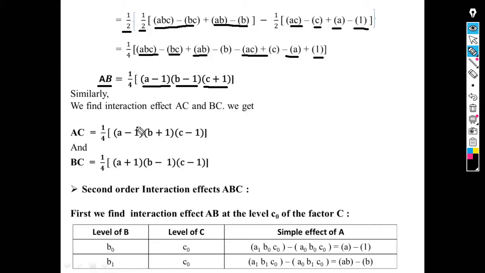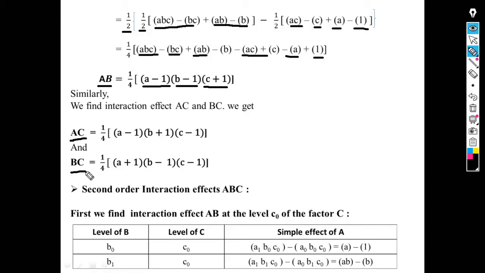Similarly, we find interaction effect AC and interaction effect BC. Suppose we want to find interaction effect AC. For this we consider the average effect of factor A at the second level of factor C and the average effect of factor A at the first level of factor C, and then take the difference of those terms. That is, half of the difference between the average effect of A at the second level of C and the average effect of A at the first level of C. These two derivations are for your homework.